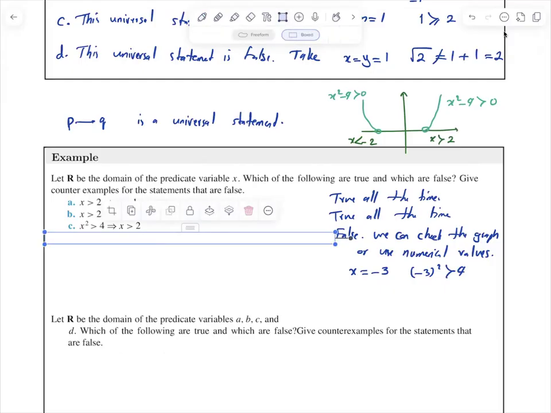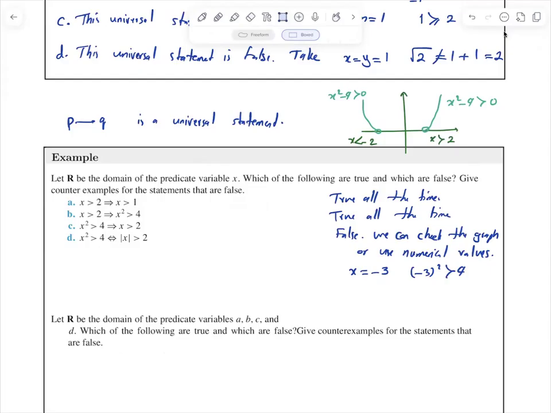Let's take a look at the last one. The last one says x squared is more than 4 if and only if absolute value of x is more than 2. This is a true statement. This is basically the definition of absolute value function. So here we say that absolute value of x is more than 2. What's the meaning of that? It means that x is more than 2 or x is less than -2. Exactly the same as what we did for our graph here, right?